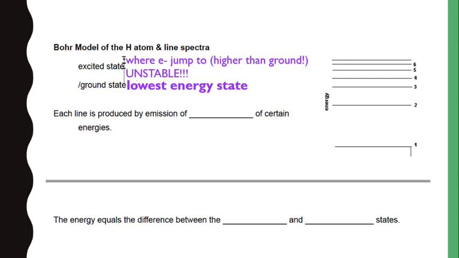So each of those lines in our emission spectrum, our line spectrum, is the photon of a very specific energy being released by the atom. And that energy for that photon is equal to the difference between the ground and excited state for the electron that produced that line, that color.